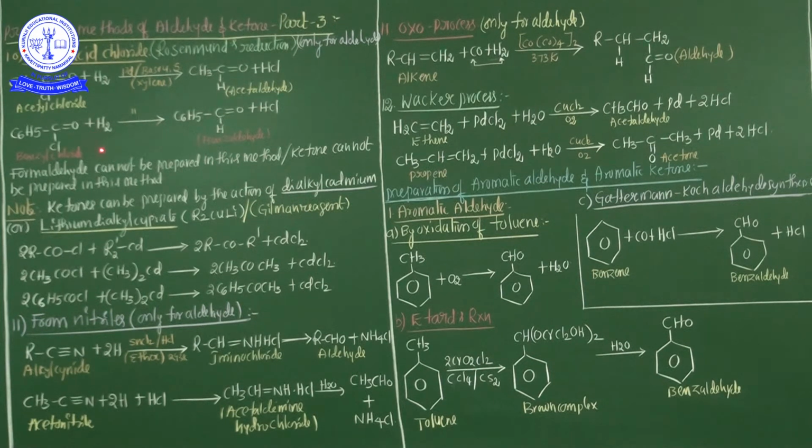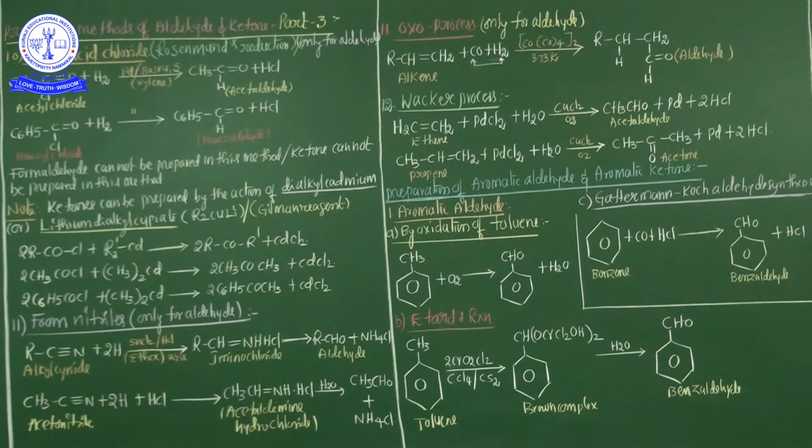See now in this equation, acetyl chloride, CH3COCl, combined with hydrogen, boiling xylene, and catalyst either palladium or platinum supported on barium sulfate. These are the optimum conditions, very important.